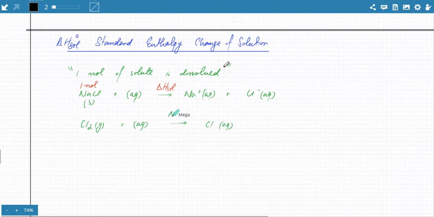So the enthalpy change would be known as the enthalpy change of solution. The substance doesn't really change; it simply dissolves. So the definition is that it's the energy released or absorbed. So it could be both.